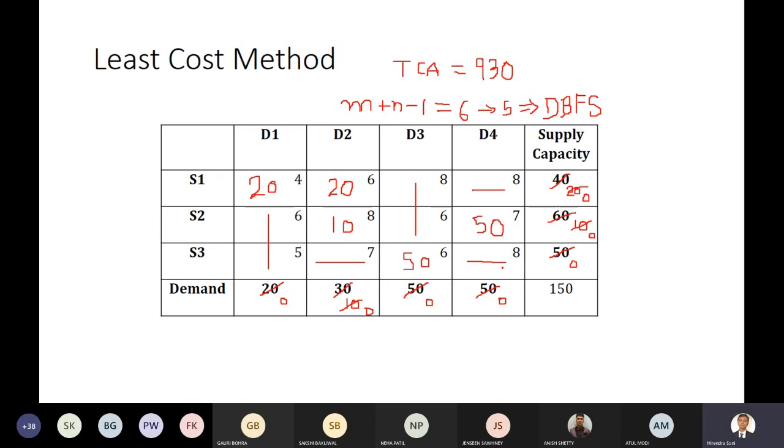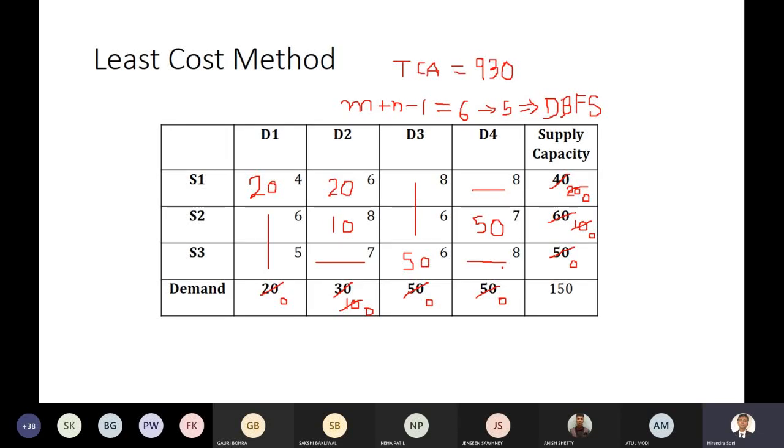Okay, so that means in any particular row or column, if I am not able to allocate in the least cost cell, and I am forced to allocate in a higher cost cell, the second least cost cell, then how much extra do I pay?